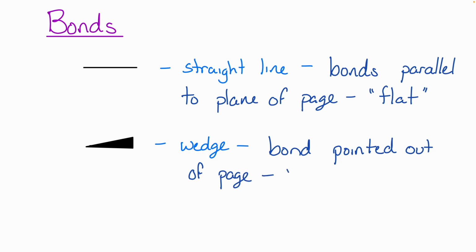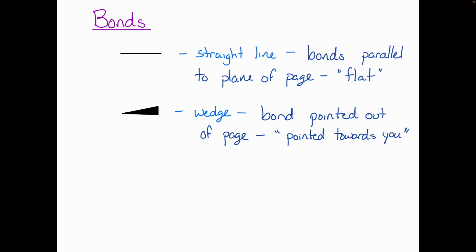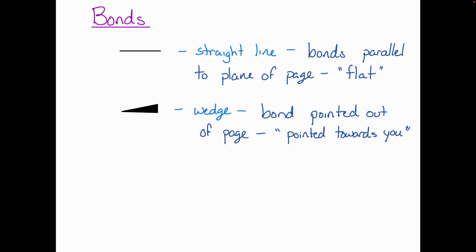So again, by that I mean pointed towards you. Okay, and if the bond is pointed in the other direction, we use these dash bonds, kind of that same triangle shape, but we make them out of dashes.